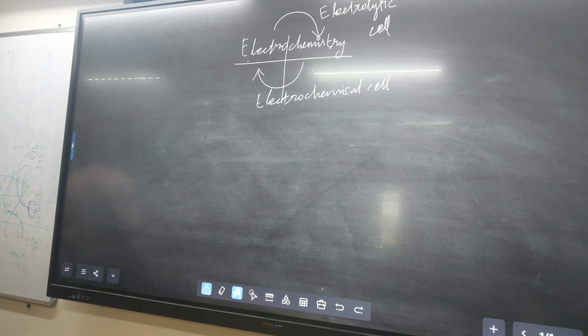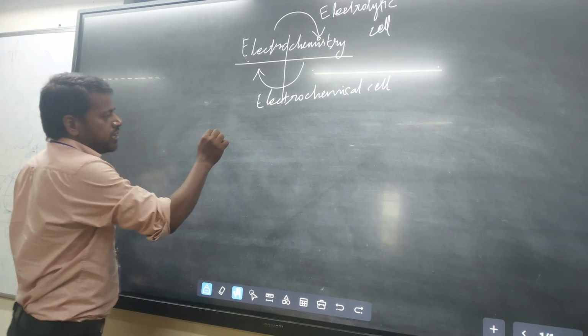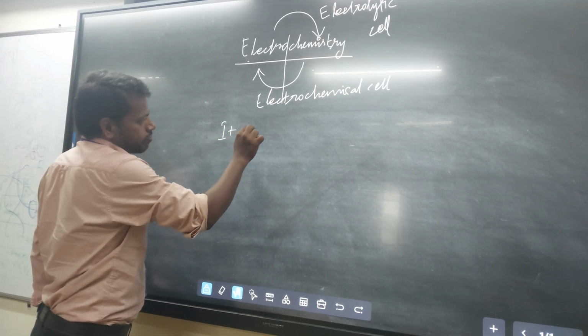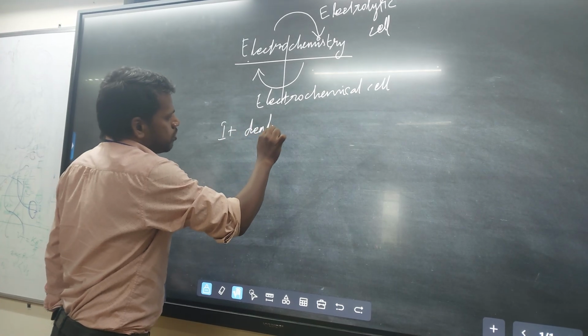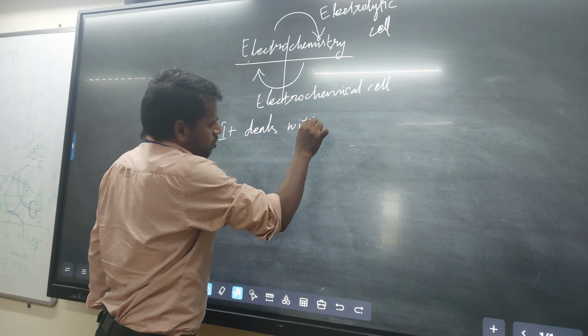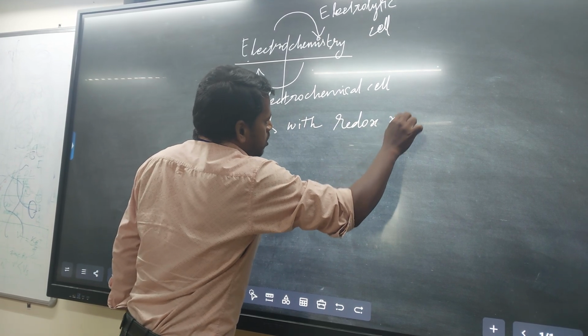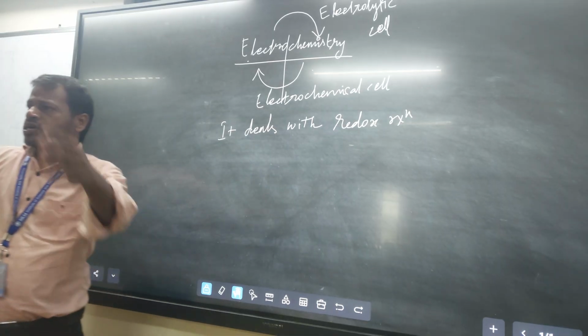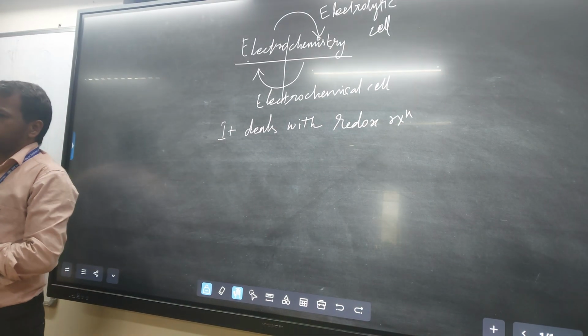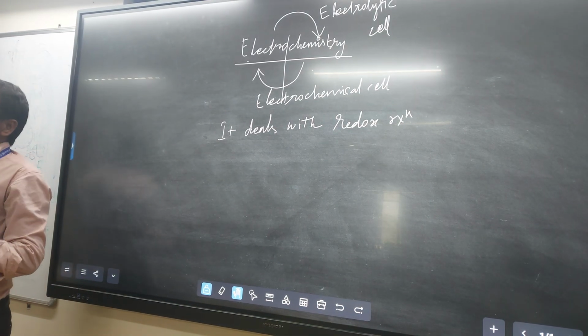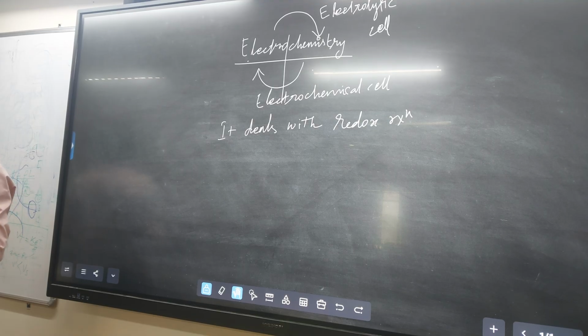Then you know normally electrochemistry deals with the redox reaction only. You know that in the electrochemical series, the reduction potential is given, not oxidation potential.